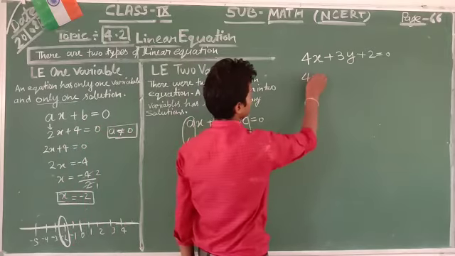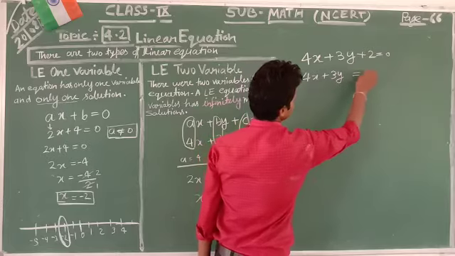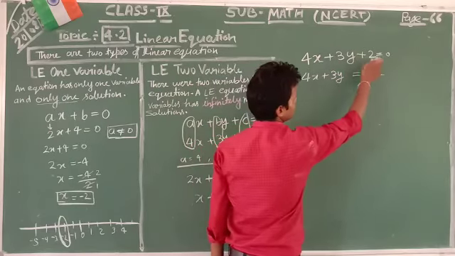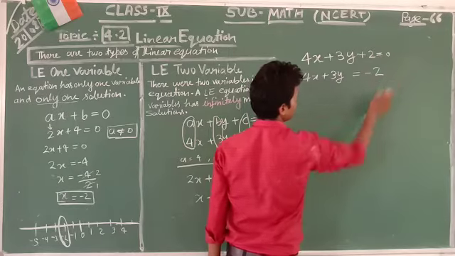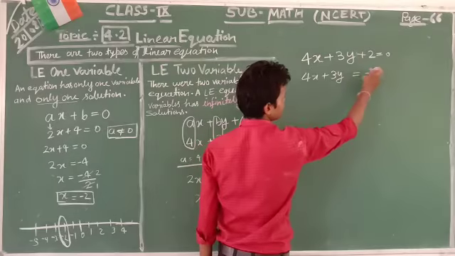You write this equation in this form. You transpose the number 2 to this side. Here plus is present, here minus sign.